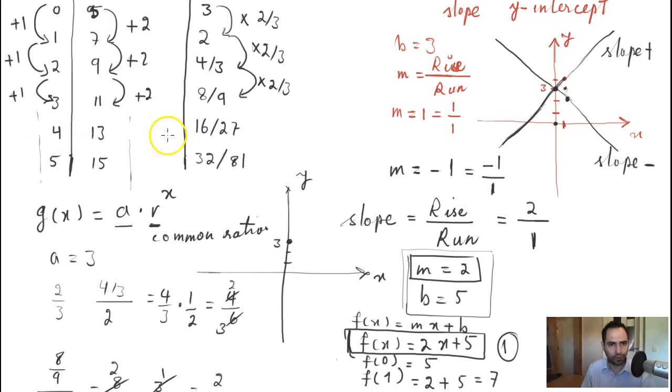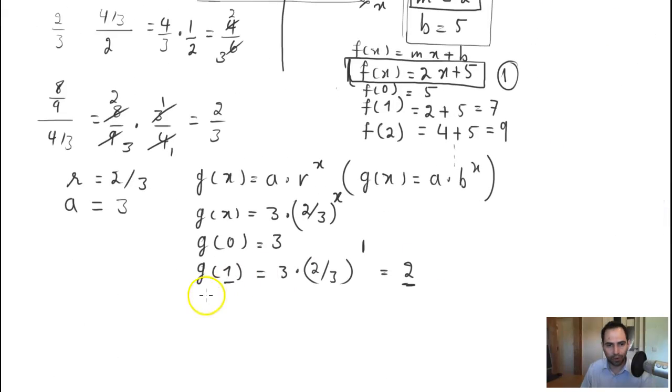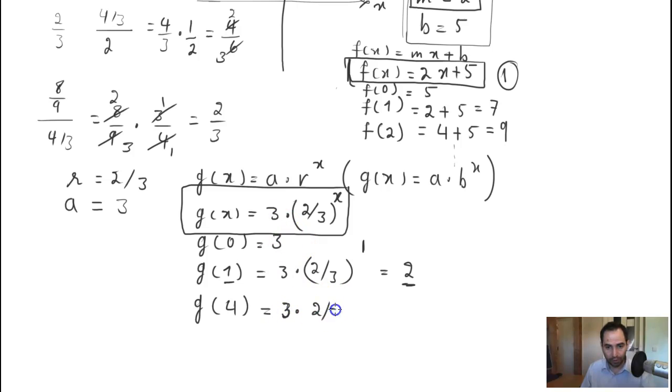When your input is equal to 4, it's 16 by 27. So if this is the function, g of 4 becomes 3 times 2/3 raised to the 4th power. So 2 to the 4th power becomes 16, so this is 3 times 16 by 3 to the 4th power, which becomes 81.